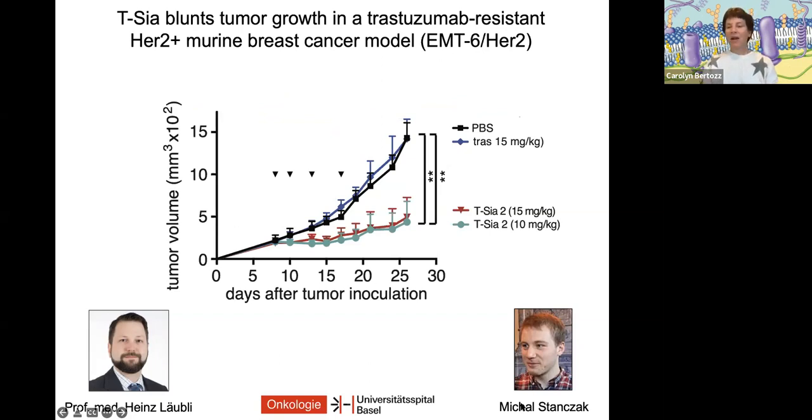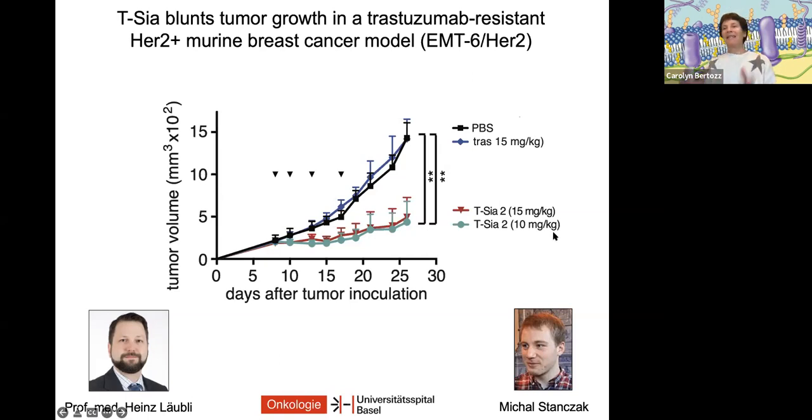And Heinz and his grad student, Michael Stanczak, showed in their own lab that when you grow tumors in these mice, and then treat them at various points with trastuzumab or saline, there's no difference in the growth of these tumors over time. But by contrast, when he administered Melissa's T-SIA conjugates at various doses, those tumors had a much harder time engrafting in these animals because they were infiltrated with immune cells that were preventing their expansion.